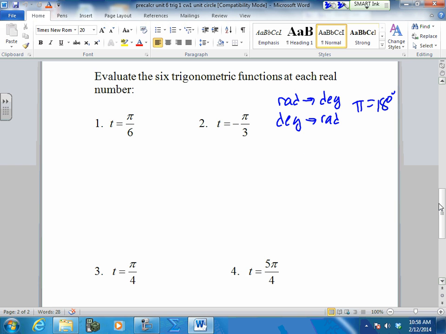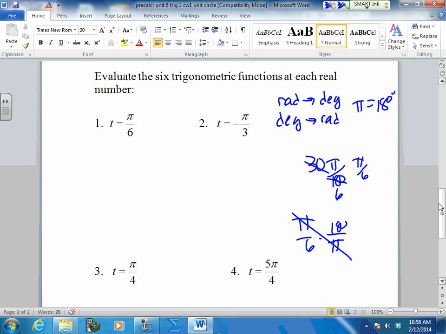So say I start with 30 degrees, and I want pi, I multiply with pi on top. And I just reduce this piece. 30 goes into 180 six times. If you want the pi, it goes on top. If you have the pi, it goes on the bottom, and 180 goes on the top.